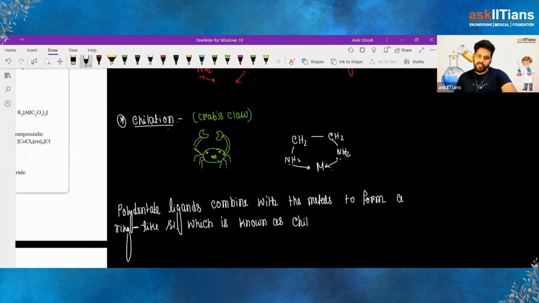This ring-like structure formation is called chelation, and chelate complexes are the ring-formed complexes.